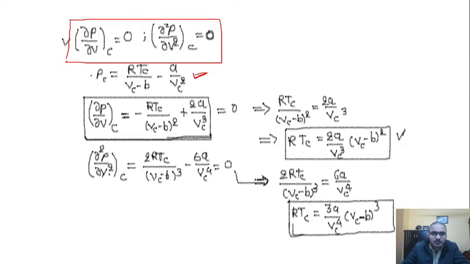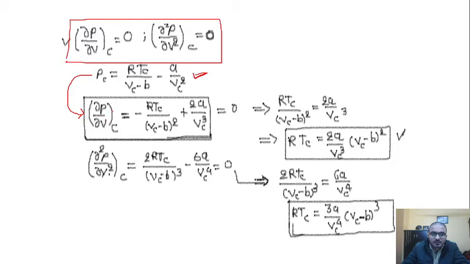Once we differentiate PC with respect to VC, we get this equation: the first term being differentiated gives minus RTC divided by (VC minus B) whole square plus 2A upon VC cube is equal to 0.